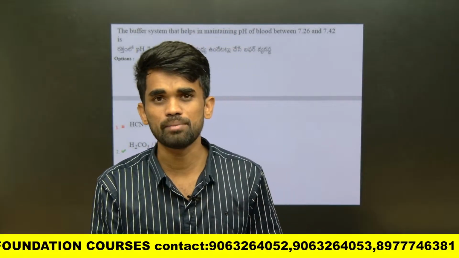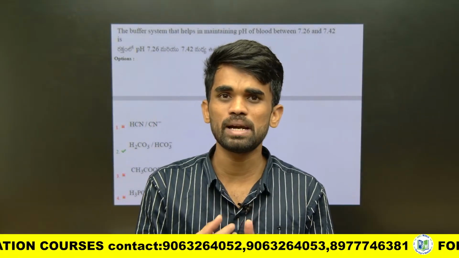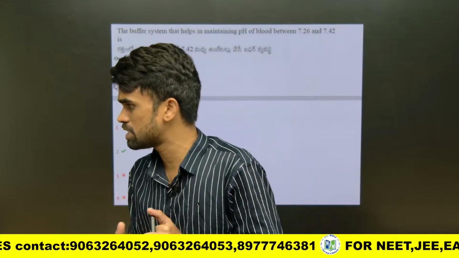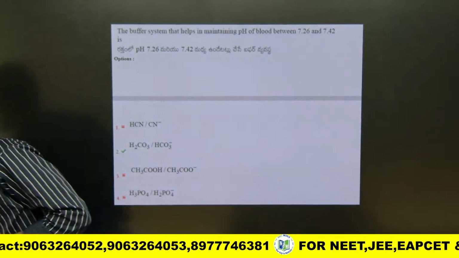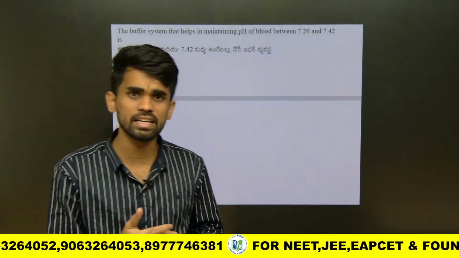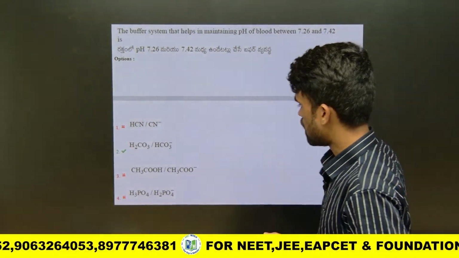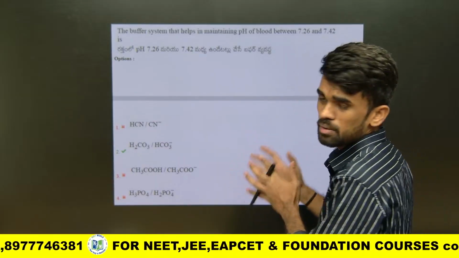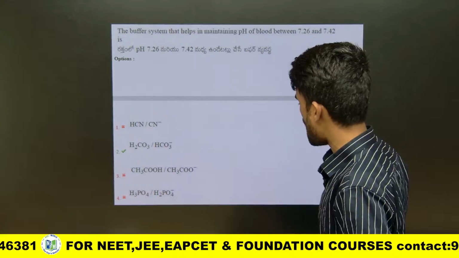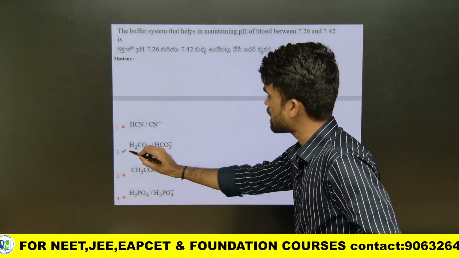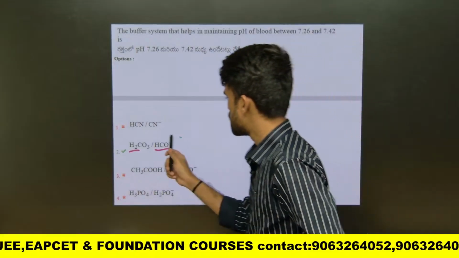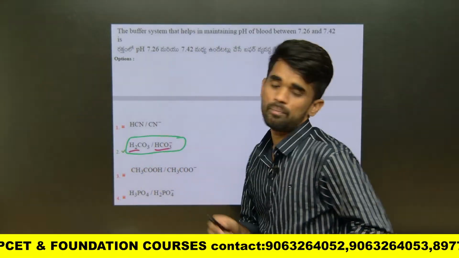So whenever we take lemon juice, why is the pH of our blood or body fluids not changing? What is the reason here? The reason is the buffer action present in our body. The buffer action is because of the carbonic acid and bicarbonate present in our body, which maintain the pH value.